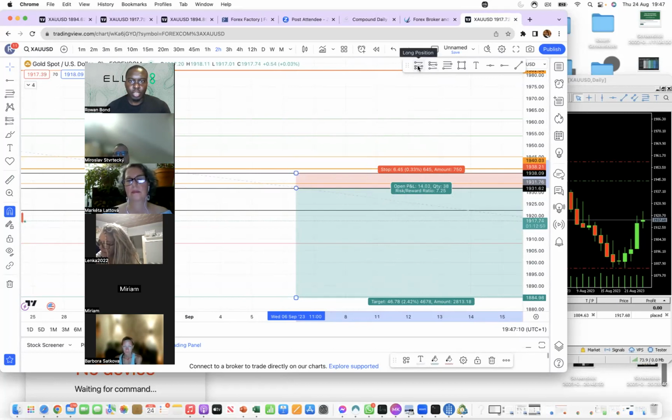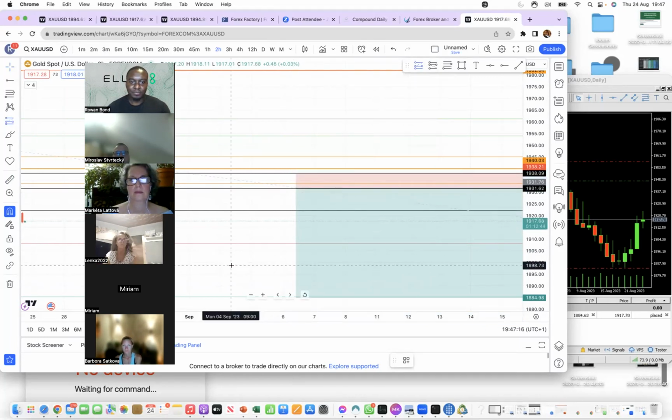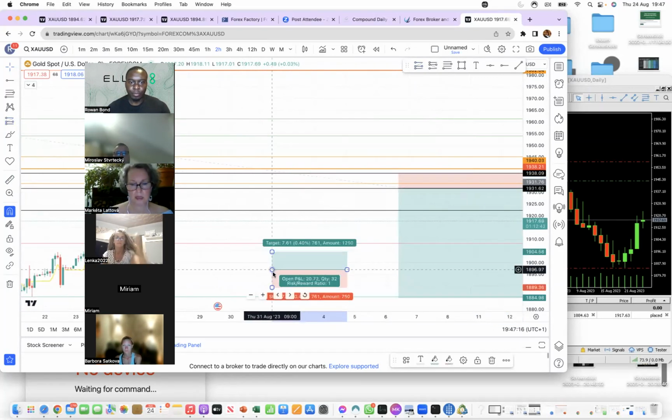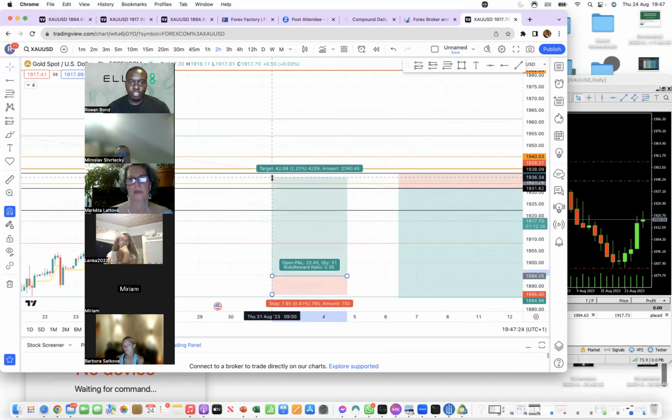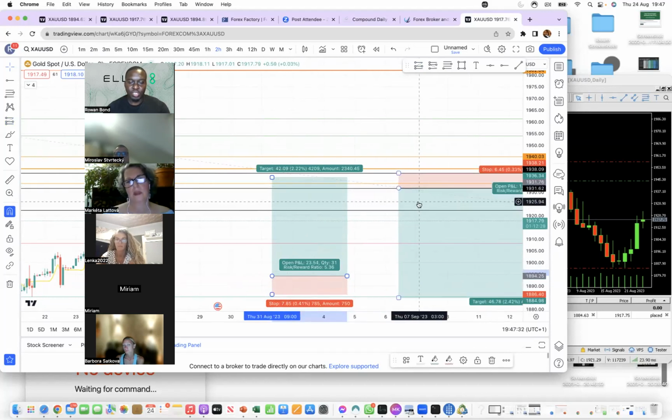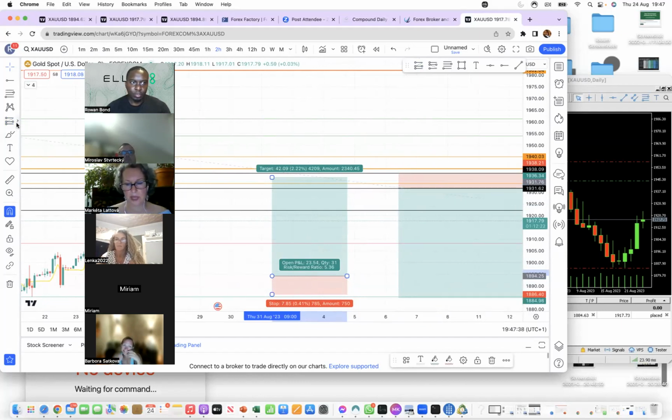To make it clear how you find the long position: the long position is for buys. As you can see, the stop loss is down here in red, and the profit is green on top. The short position is for sells.